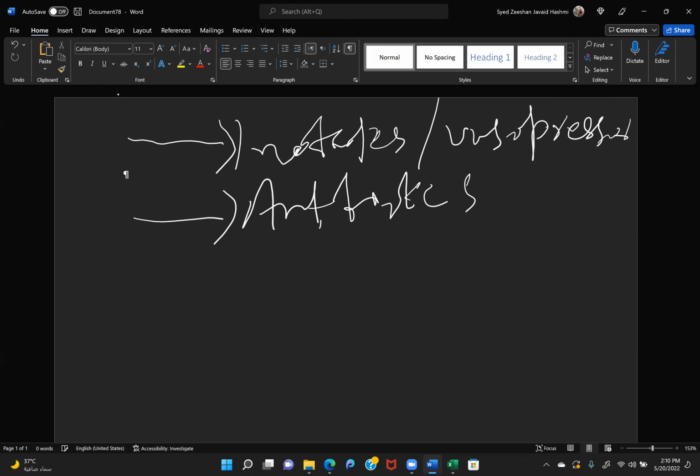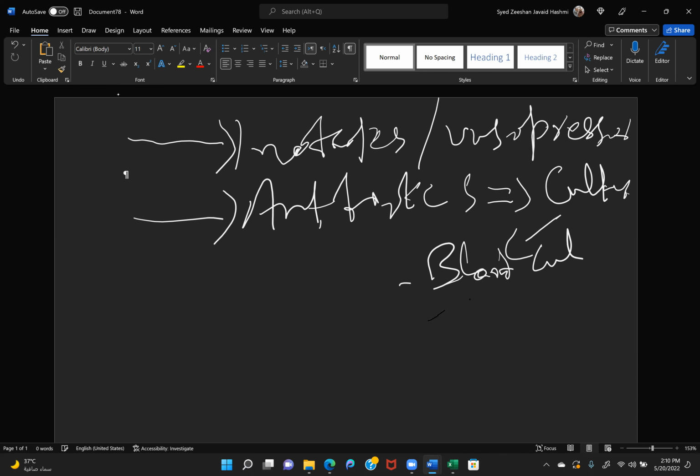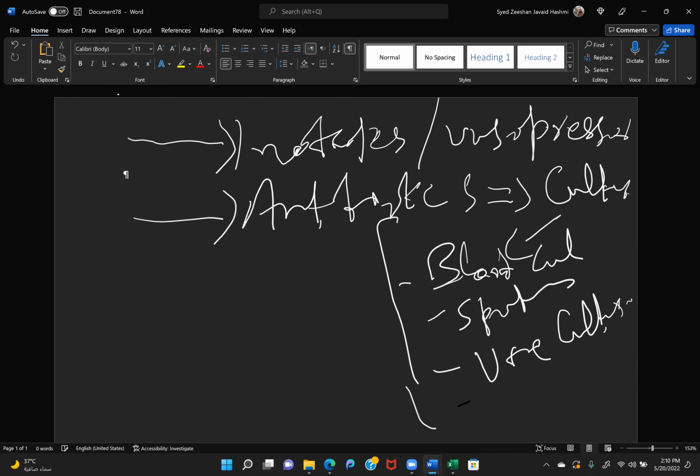Antibiotics should be guided through cultures: blood cultures, sputum cultures, urine cultures, because these are the possible sources. Endotracheal tube sputum also, specifically through the endotracheal tube, or any lines. So this is one thing.